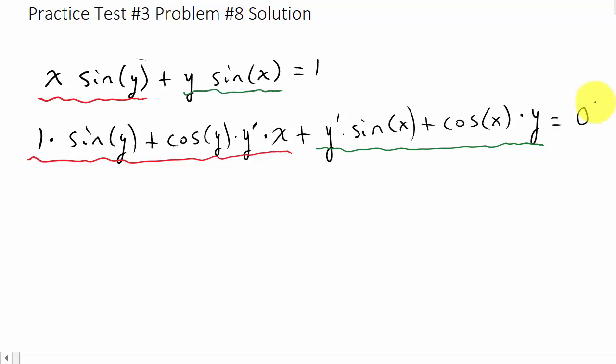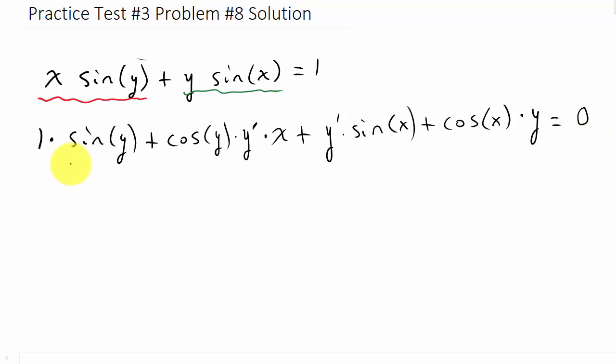Alright, so what we need to do is solve for y prime. All the terms that do not have a y prime, we're going to move to the other side of the equal sign. So we're going to need to move this term and this term to the other side.